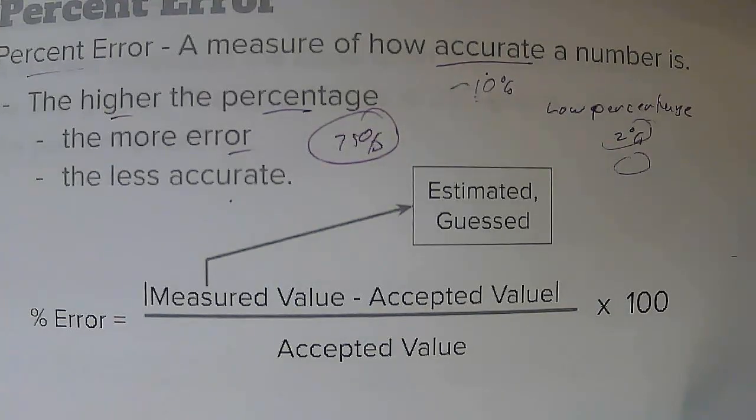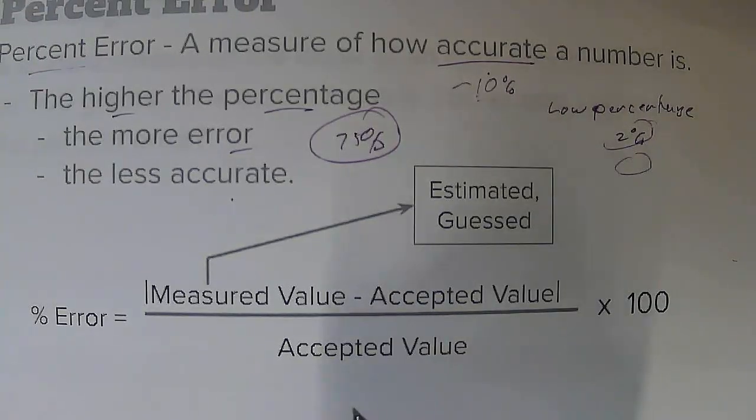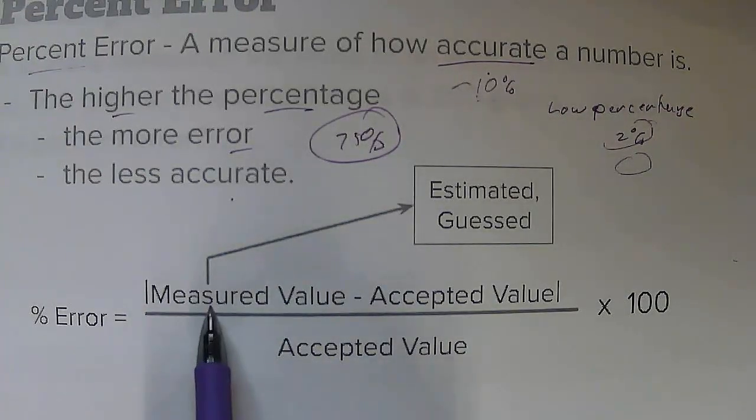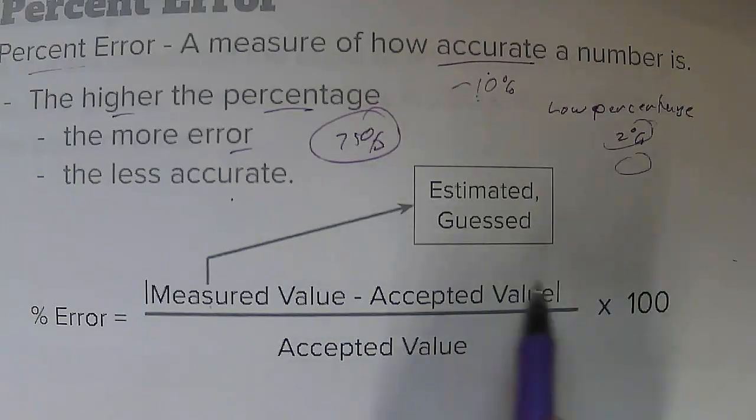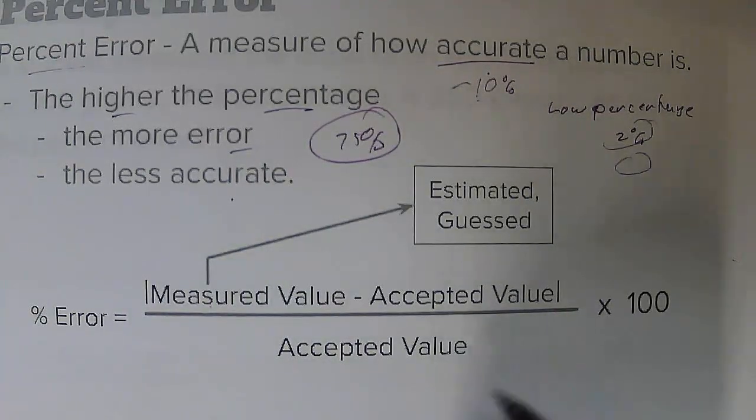The formula that you have for percent error is down here, and I will typically give you this formula. You have the measured value minus the accepted value, you take the absolute value of that, then you divide it by the accepted value, and you multiply by 100 to get the percentage.